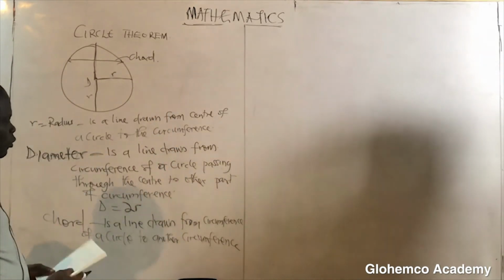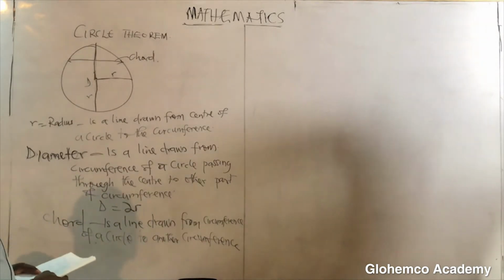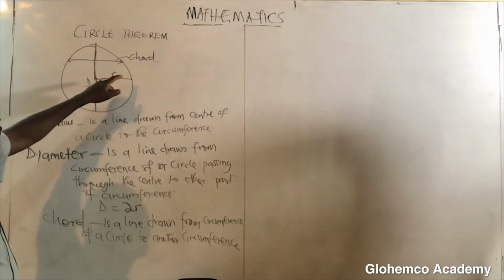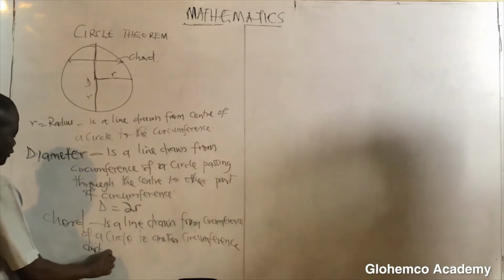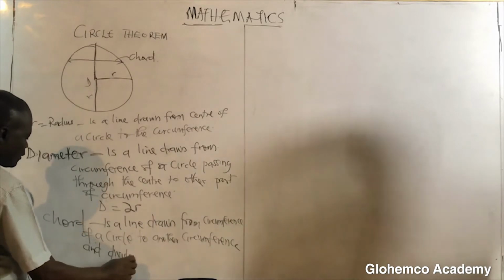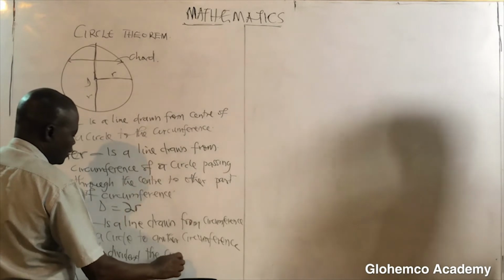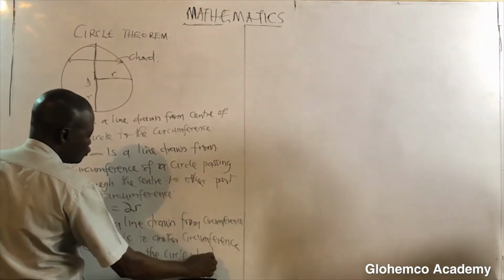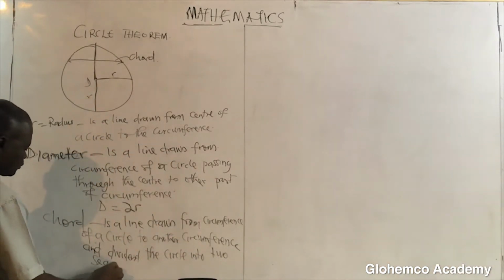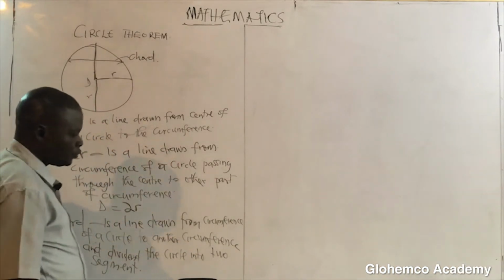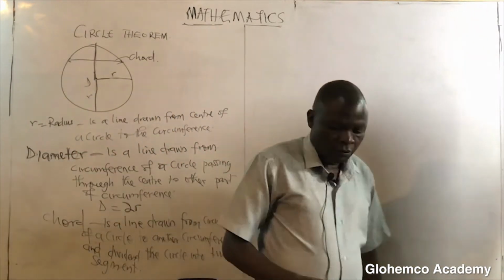It did not pass through the center, but rather it passes through the circumference to the circumference and divided the circle into two segments. So that is what we call chord.